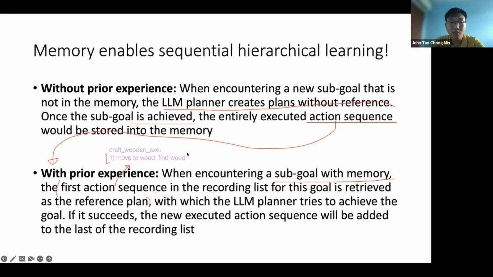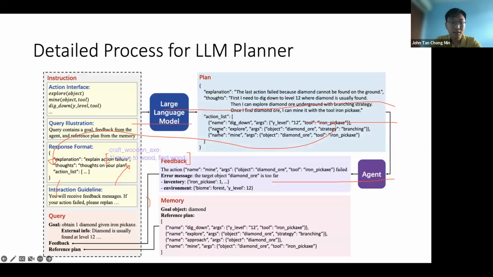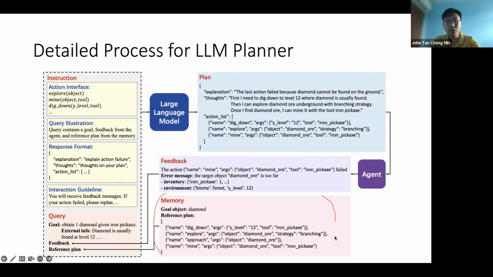Remember earlier we have the prompt with the reference in the goals in Minecraft. Maybe I'll move back to that slide again just to recap. There we go. We have this reference, which is the memory here. If we already have a list of actions that can achieve the subgoal, we can simply input that list of actions into the LLM planner.